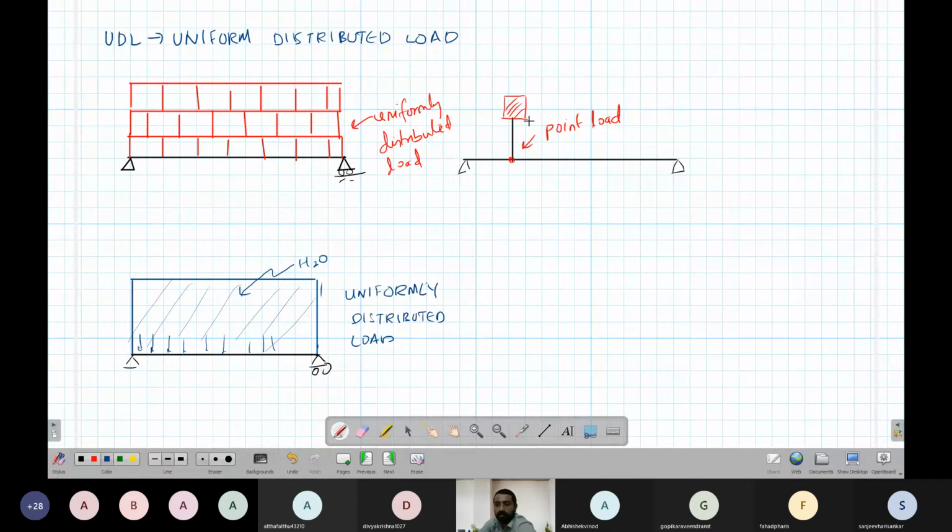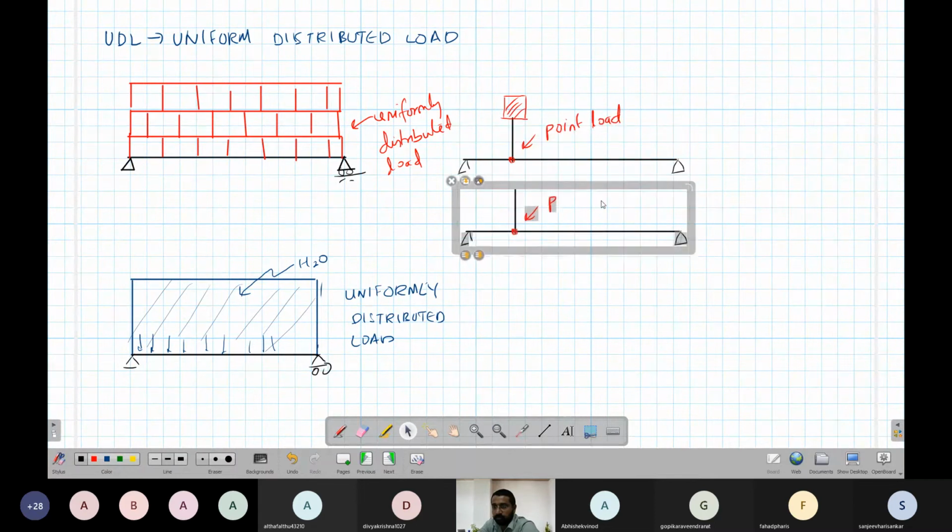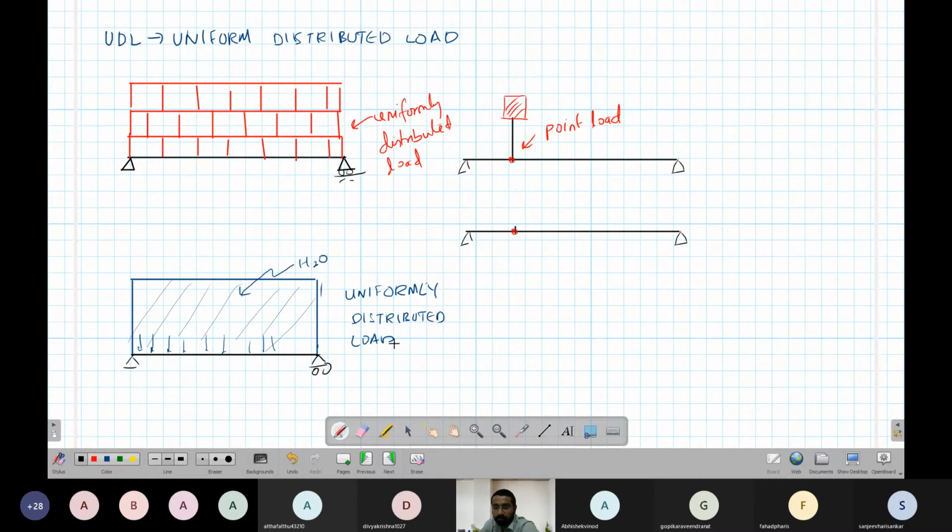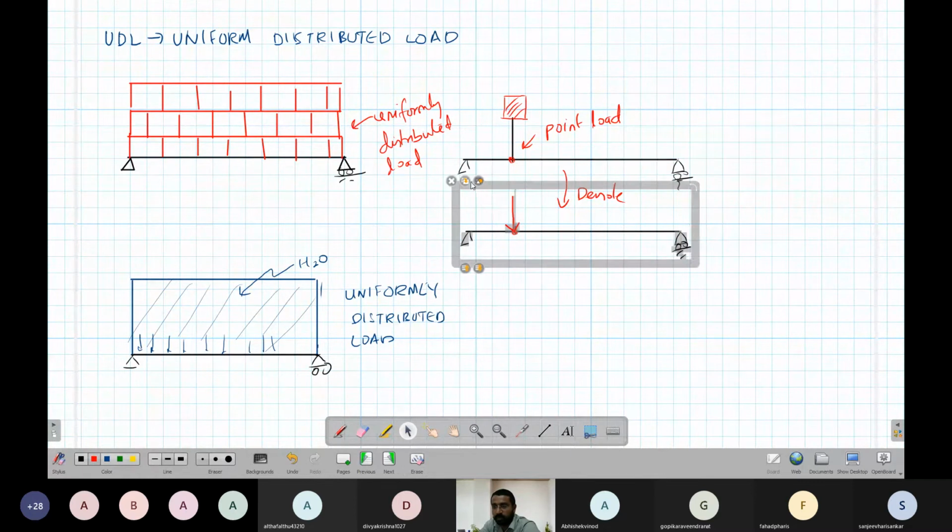Okay, so point load is denoted by a vertical line like this. Okay, this is how we denote a point load. UDL, uniformly distributed load, we'll denote in some other way.